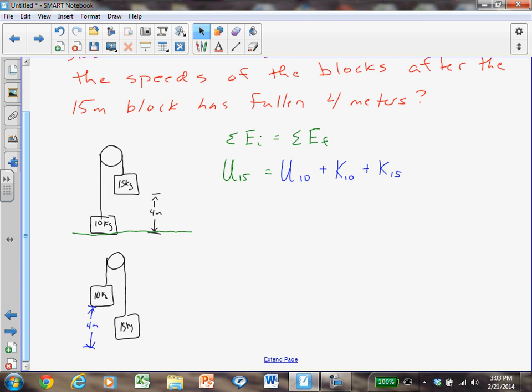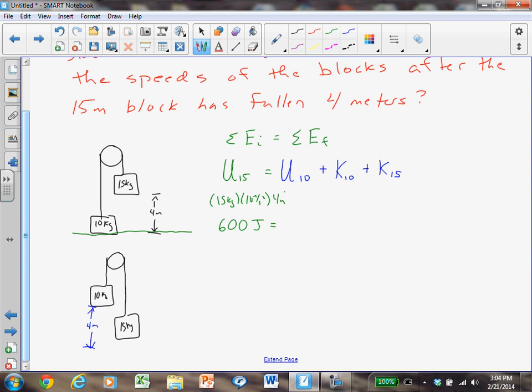So we could see initially we have 15 kilograms times 10 meters per second squared times 4 meters, which is 40 times 15, 600 joules on this side.